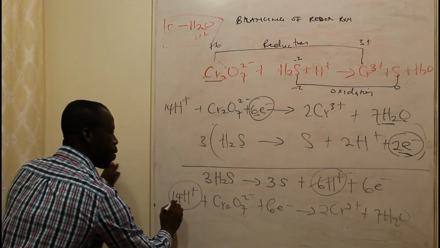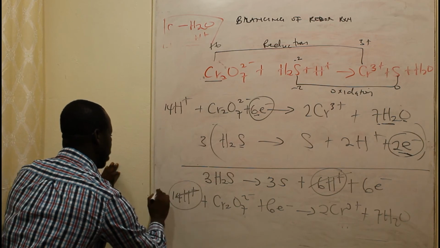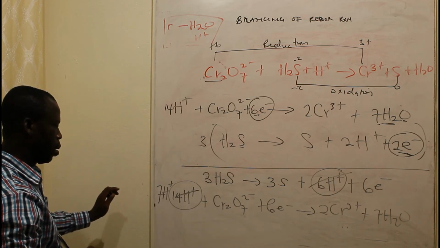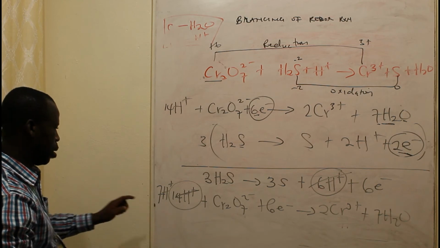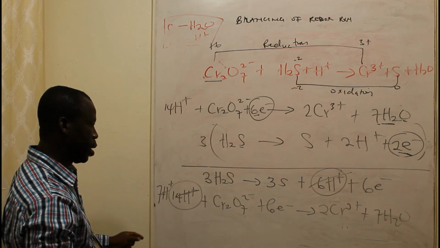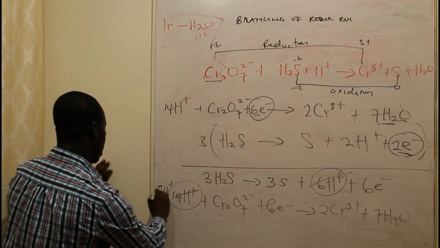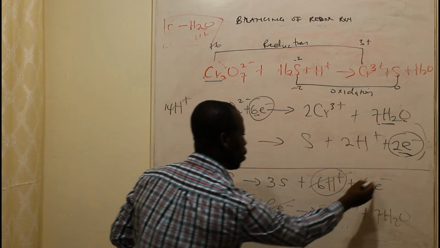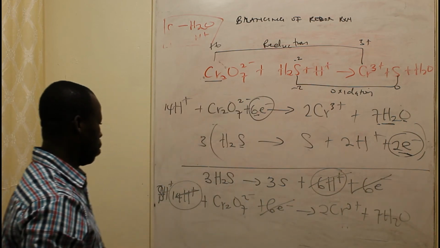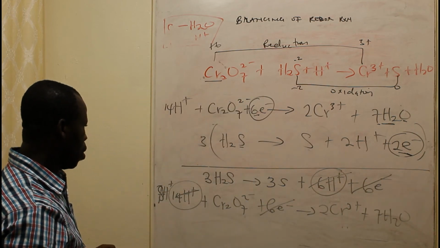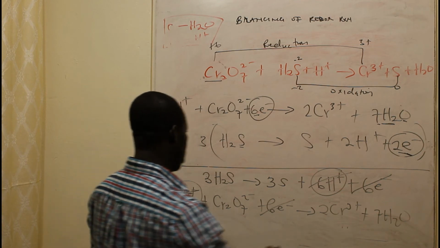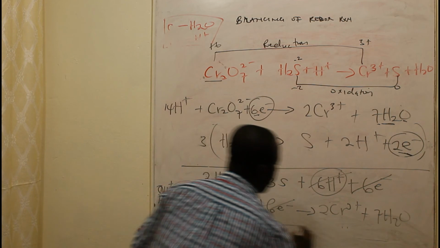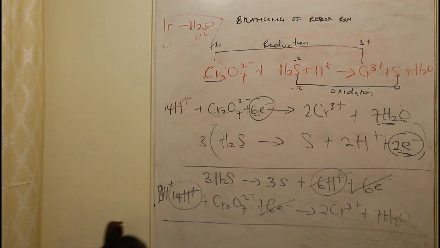Then this one will remain 7 water. Electrons will go off. What else? The water molecule, we maintain that. So in effect, we're going to have a new overall reaction.